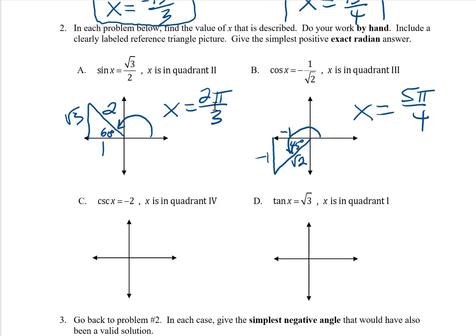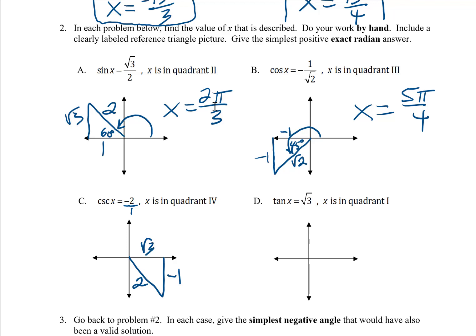Part C, the cosecant ratio is -2. It might be helpful to put a little 1 under that to make it look like a ratio. We're in quadrant 4. Let's see, if cosecant is -2/1, then of course sine would be -1/2. So -1 here for the opposite, and 2 for the hypotenuse.